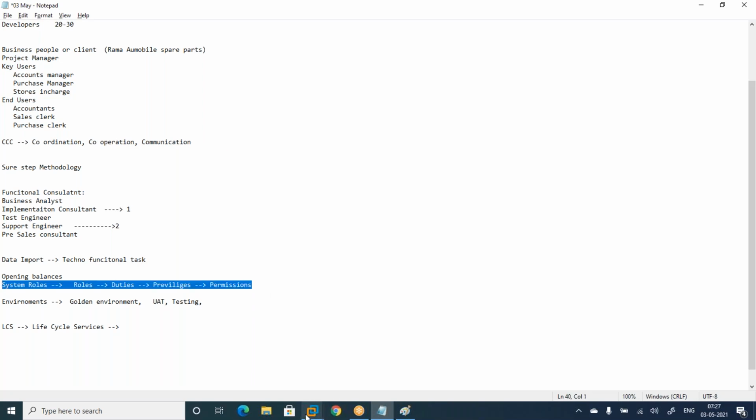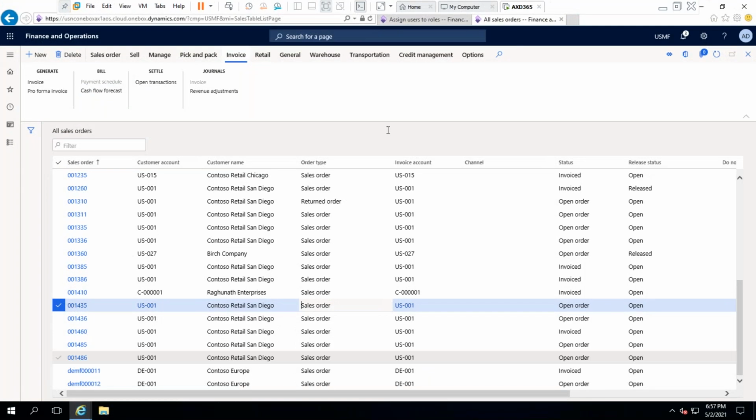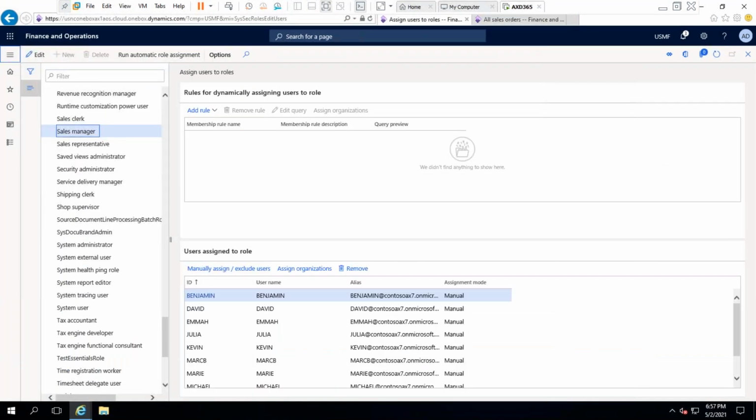Microsoft has provided default roles like this. In a real-time scenario, I suggest one thing. Suppose the sales manager wants to modify some permissions. Keep what Microsoft created as it is, and create another one.